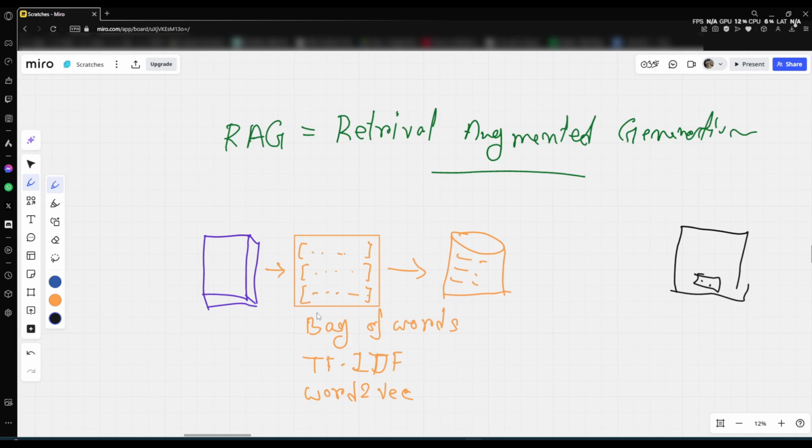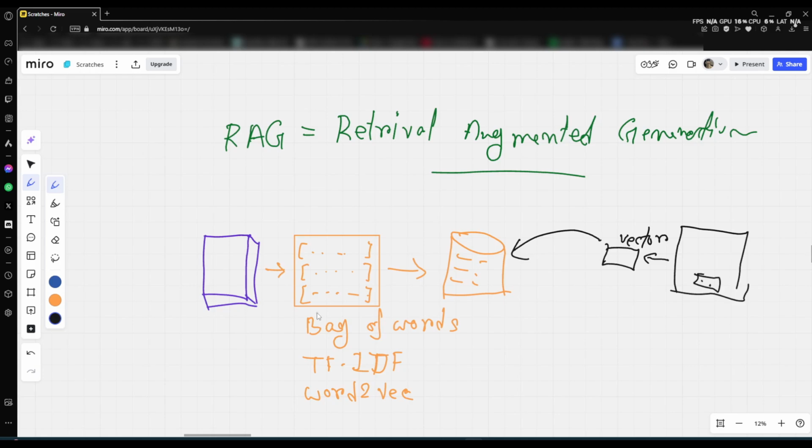Whenever I write a question, the query will be converted into a vector, and it will get queried into the database. Once we query this into the vector database, and we already have the information here, a cosine similarity search will occur internally.